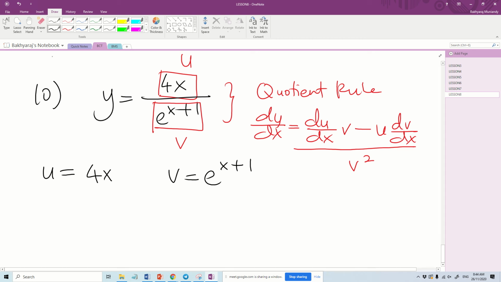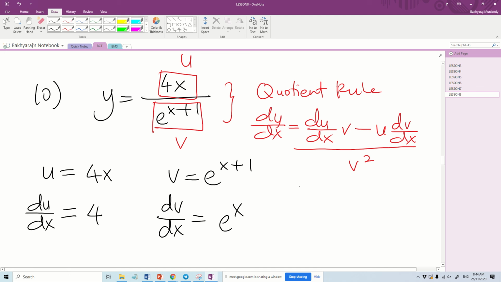Okay, boys, can anyone give me this answer? du/dx? Okay, correct. This becomes 4. Very good. Okay, what about dv/dx? Exponent x.